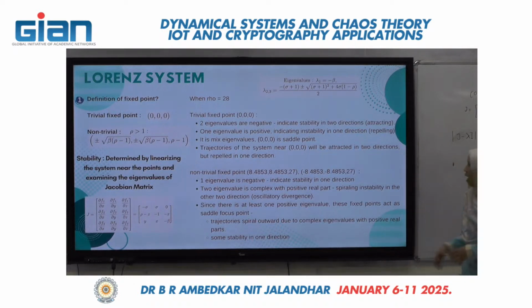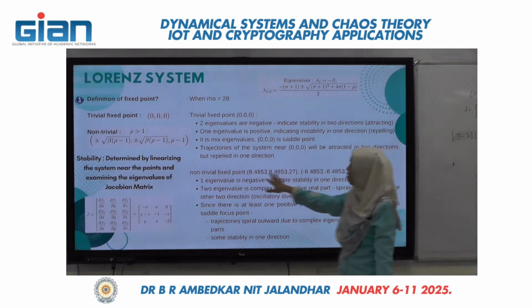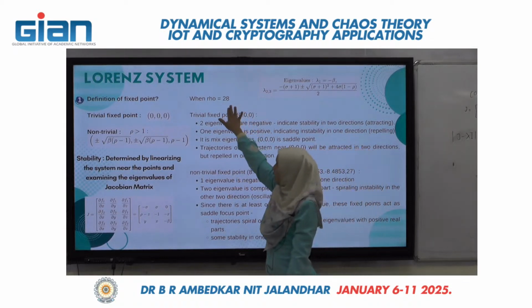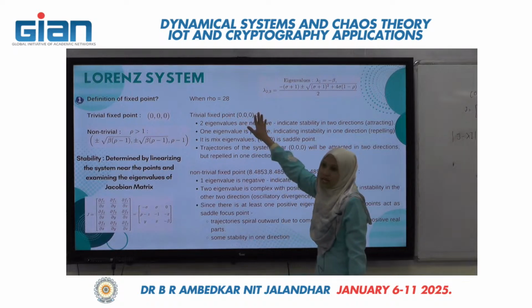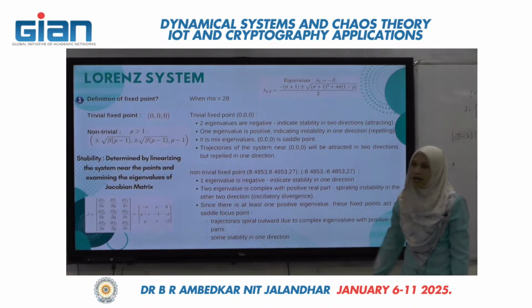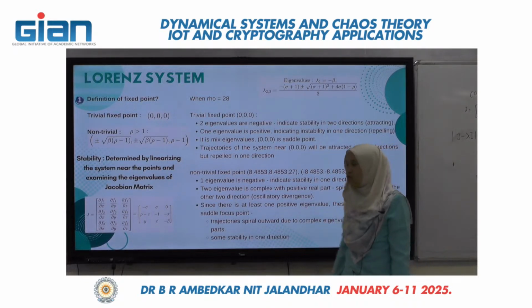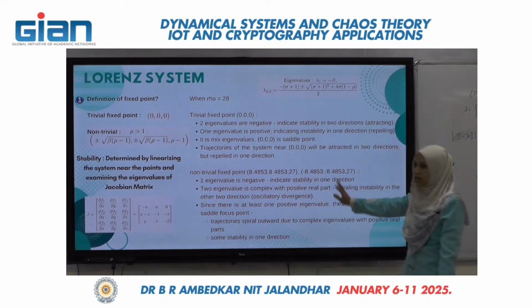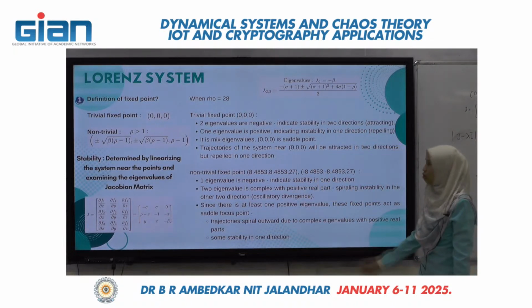Okay, and this is for the non-trivial fixed point, whereby I use rho 28 because I'm using the chaos parameter, with the same 10 for sigma and beta is 8/3. So these are the fixed point values when we substitute the values.